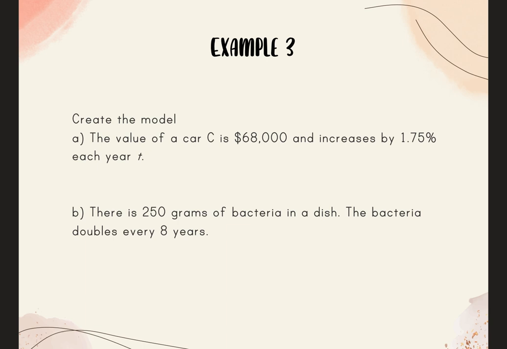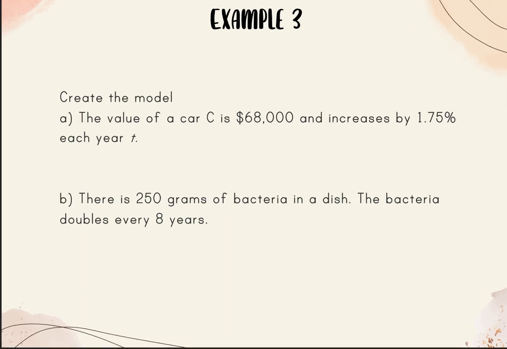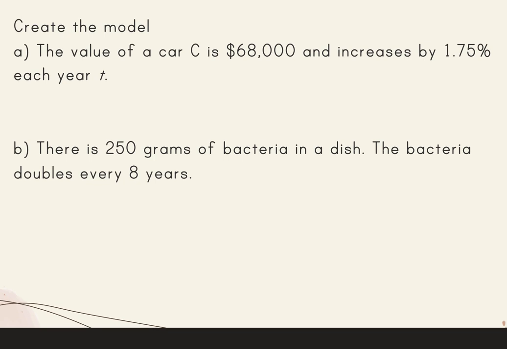Sorry, bud. All right, so it says create the model. A says the value of a car C is 68,000 and it increases by 1.75% every year. So we're not actually figuring anything out other than just the model here, okay? First of all, is this increase or decrease?